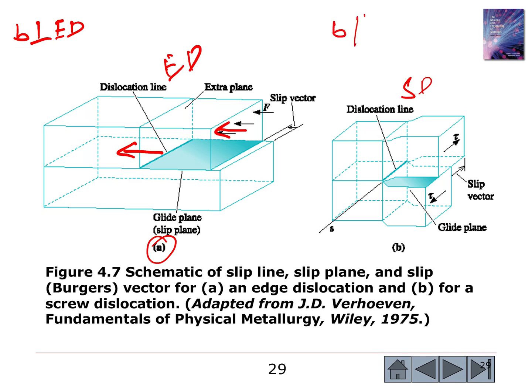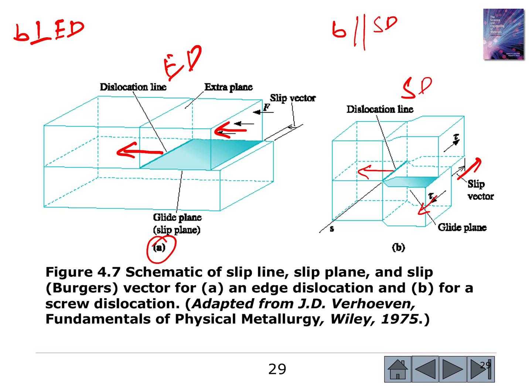The Burgers vector is parallel to the screw dislocation, but the Burgers vector is perpendicular to the motion of the dislocation line, the screw dislocation line, right?